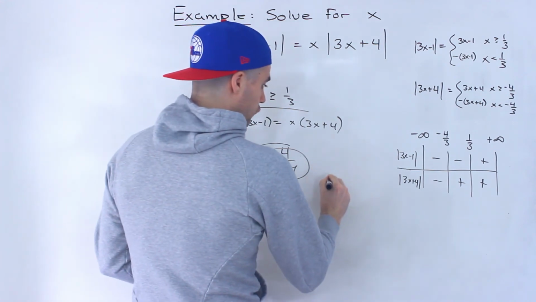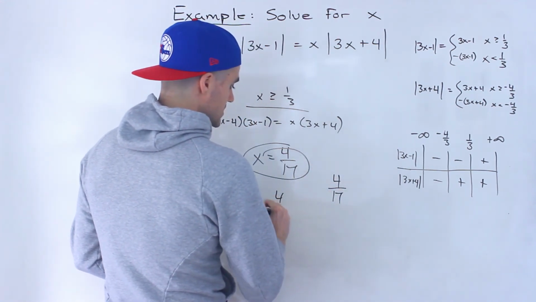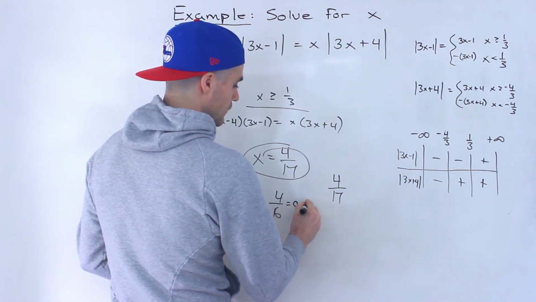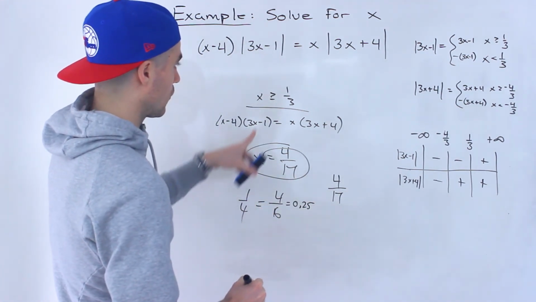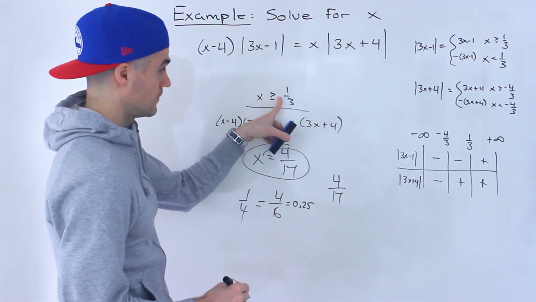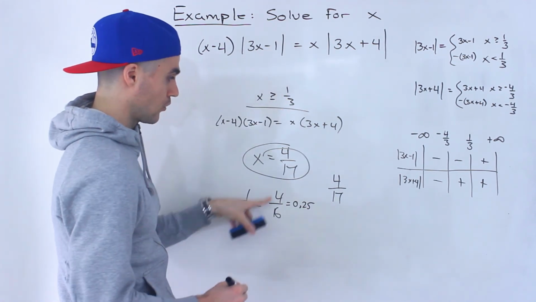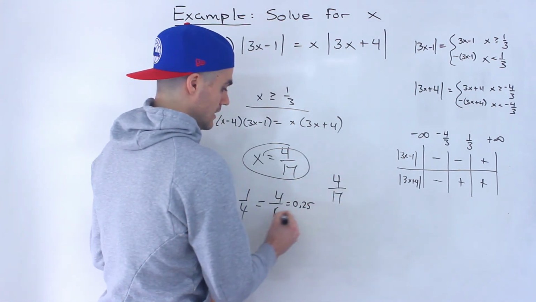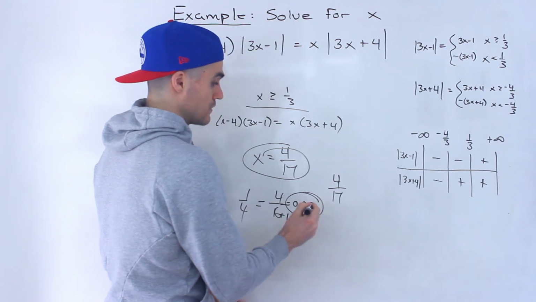Because 4 over 17, if we compare it to 4 over 16, notice 4 over 16 is what? 0.25 or 1 over 4. And notice 1 over 4 is less than 1 over 3. Right? 1 over 3 is like 0.333, and then 1 over 4, 4 over 16 is 0.25. Now notice that 4 over 17, if we add 1 to the denominator here, it's going to be less than 0.25.